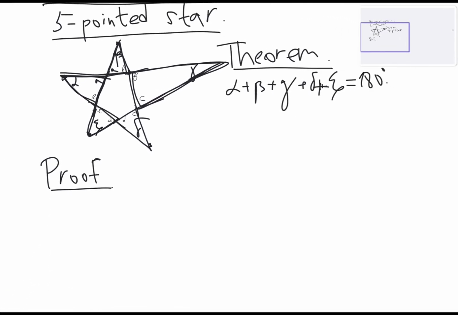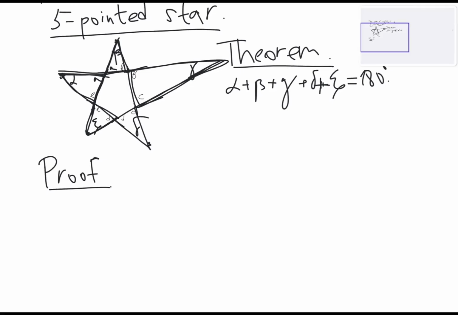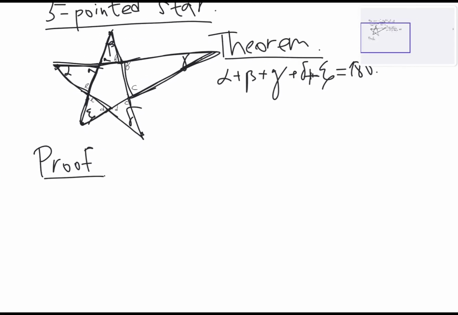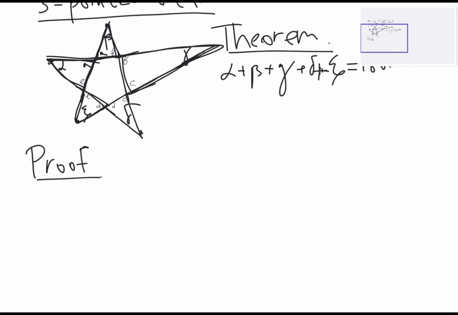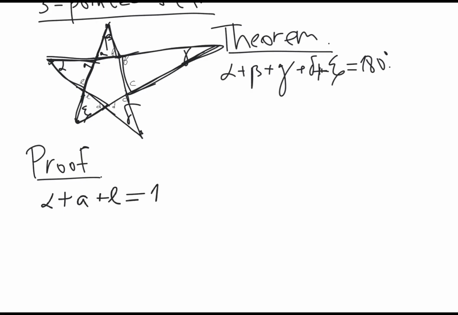Right, so when we have the sum of angles, we have alpha plus A plus E is equal to 180 degrees as a sum of angles in this triangle. Then we have beta plus A plus B is equal to 180 degrees.